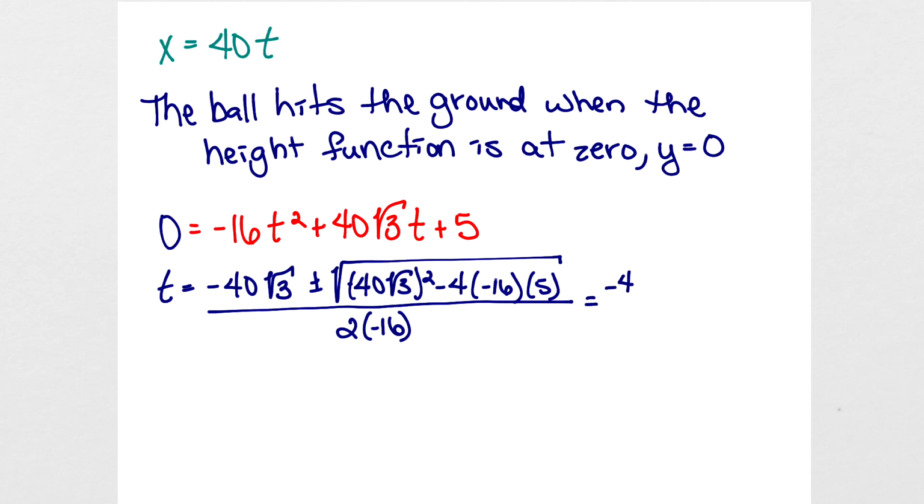So if we put this in our calculator, the square root of all of that is 5,120, and 2 times negative 16 is negative 32.